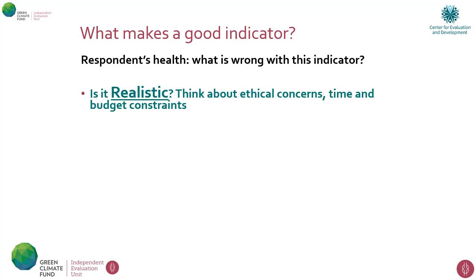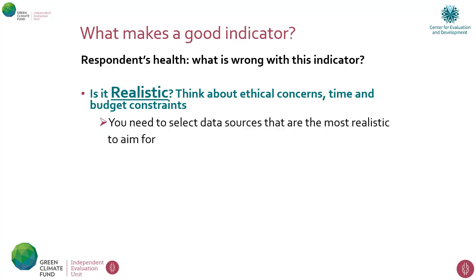Related to this, is our indicator realistic? When you decide to think about an indicator, you also need to think about feasibility, so about potential ethical concerns and sensitivity issues, about your time frame, and also about your budget. Overall, you need to select data sources that are the most realistic to aim for.